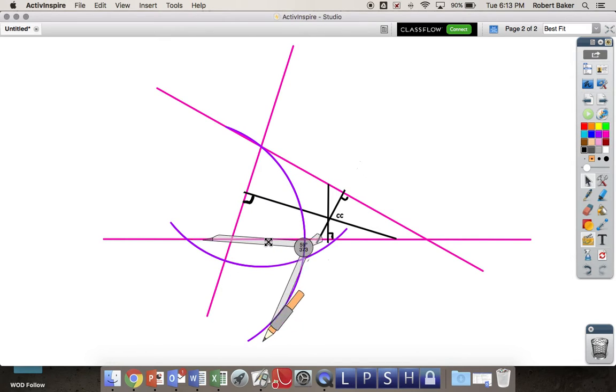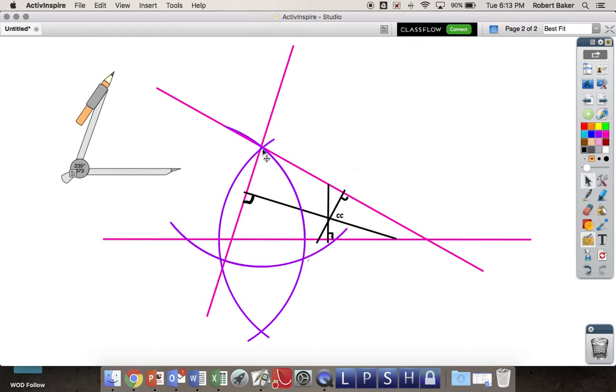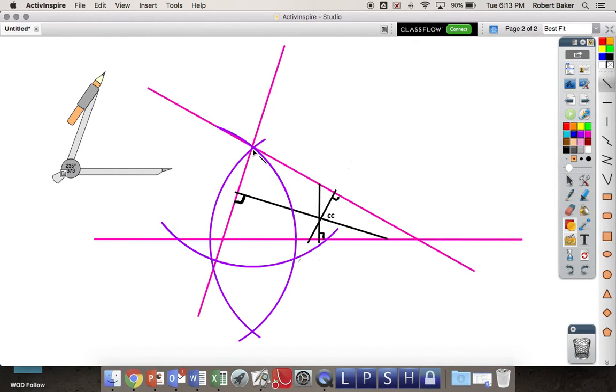Without changing the radius of my compass, I will move to the other intersection of my original arc, the working point, and I will swing an arc up and down. Now this is just coincidence that my vertex is at this intersection, so I'm going to connect the intersections from here in blue all the way down here, and that blue line is now known as an altitude.